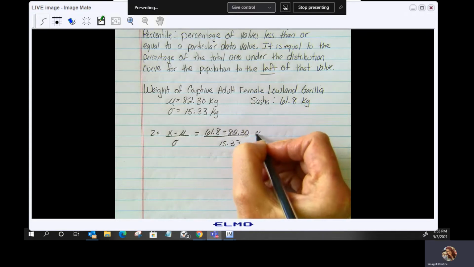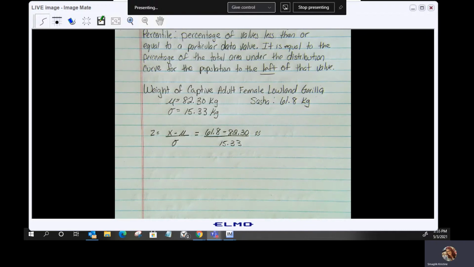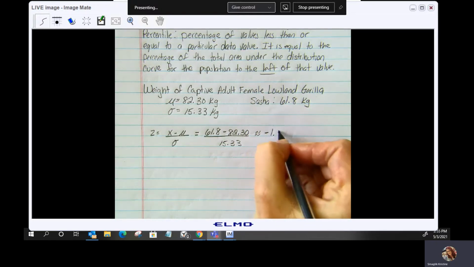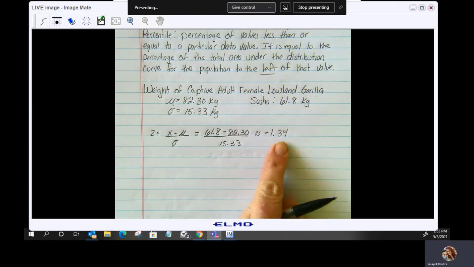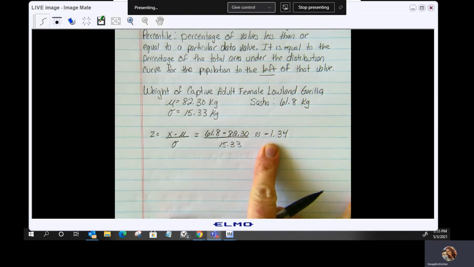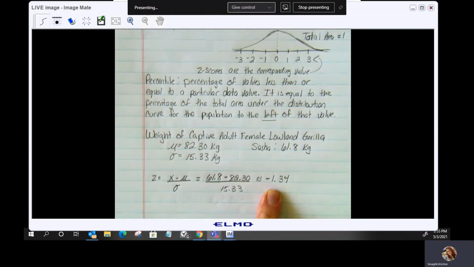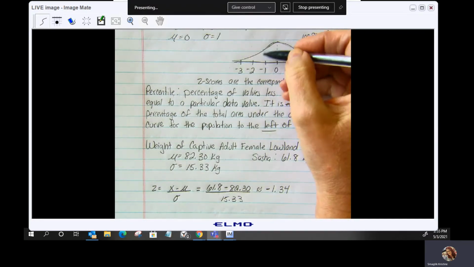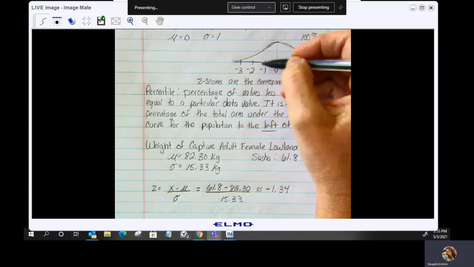When you plug that into a calculator and round to the nearest hundredth, you get negative 1.34. We can already see from this value it's negative, so her data value is somewhere right in here. We're more than 1 standard deviation below the mean.